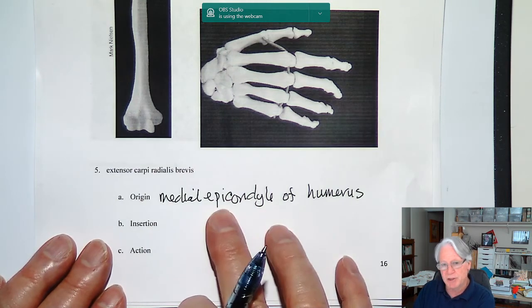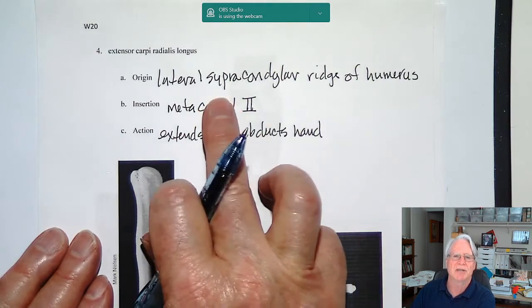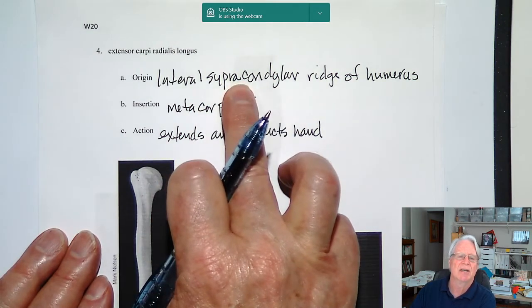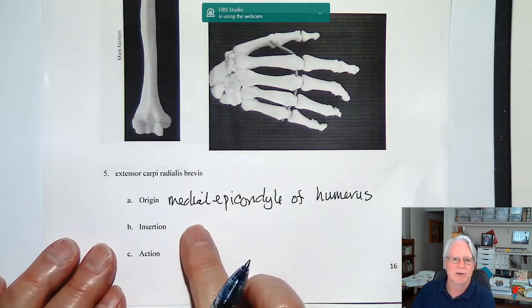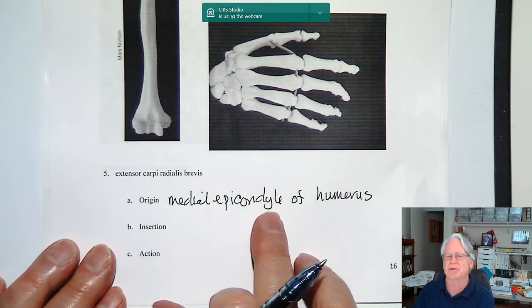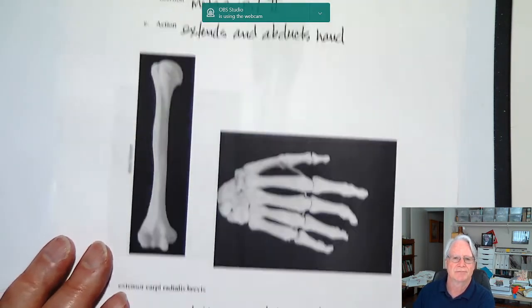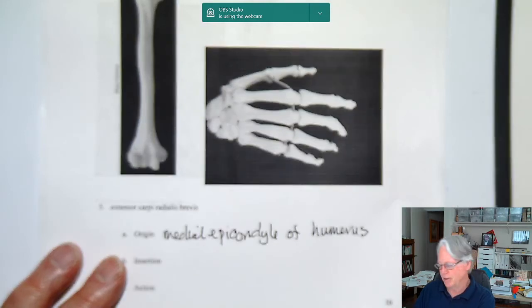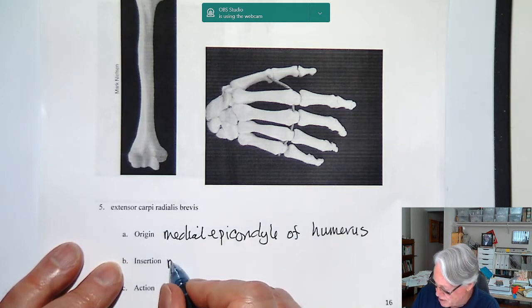We know what an epicondyle is, and look at the terminology: supra, so it's even higher. The origin of the longus sits above the origin of this muscle, because this is just epicondyle. This is like a duke or a lord, and here's our king. I know, that was lame, but what can you do? All right. Insertion: metacarpal III.